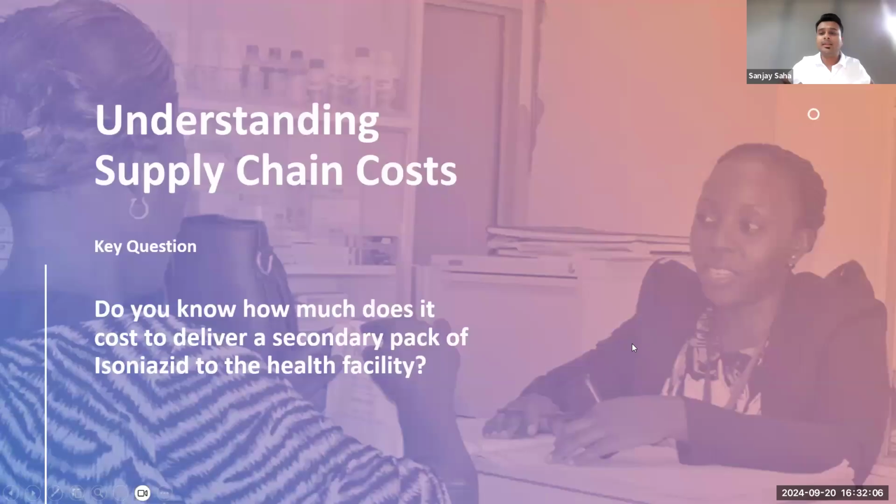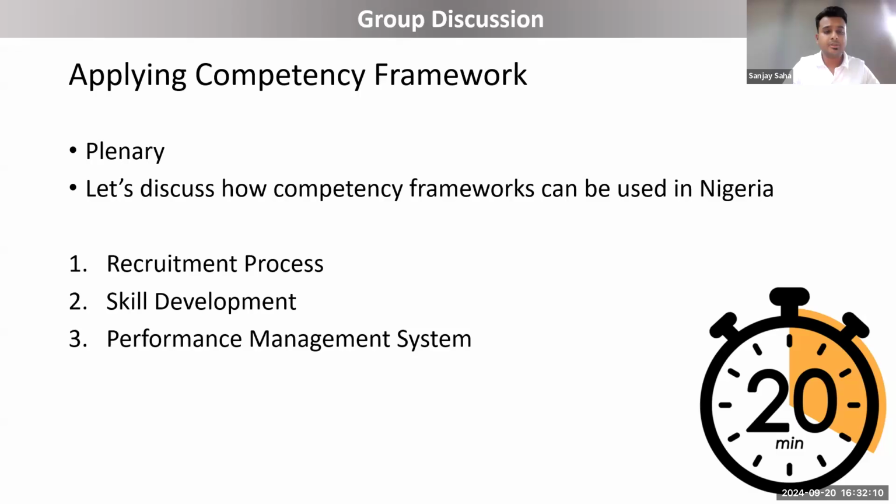Okay, let me summarize what you have said, because it may not have been audible to everyone. What Festus said, that he wants to use the system of competency framework for performance management system in a way where he can create various key performance indicators, KPIs, on different tasks, and also link them with the skills that are needed to perform those tasks.